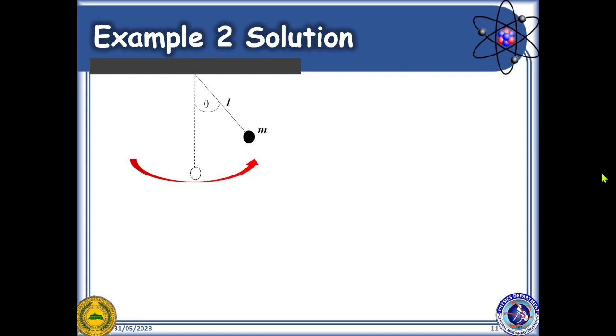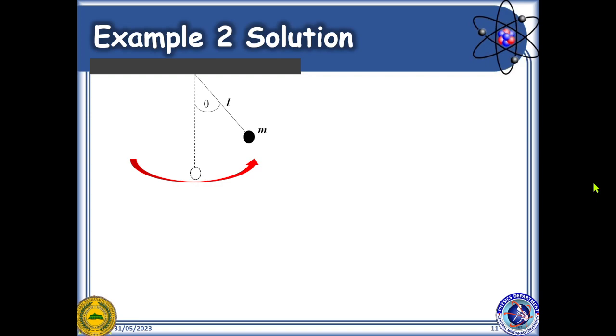If we analyze the problem, the bob swings back and forth due to gravity. Thus, obtaining the equations of the positions x and y is required to get the corresponding velocities.